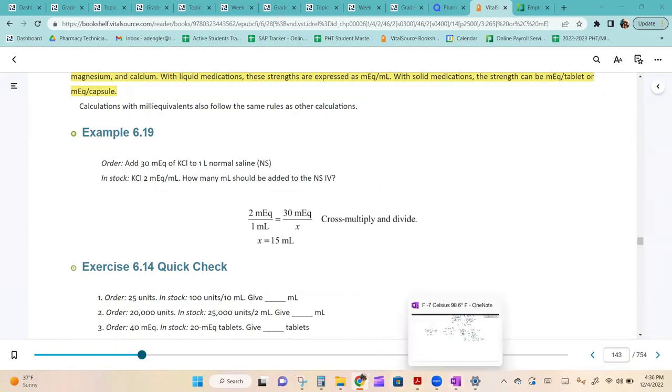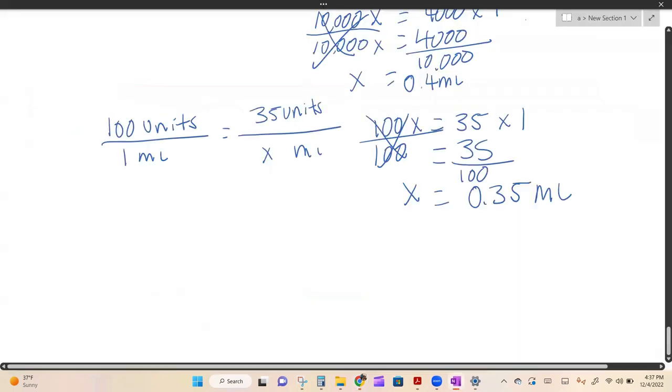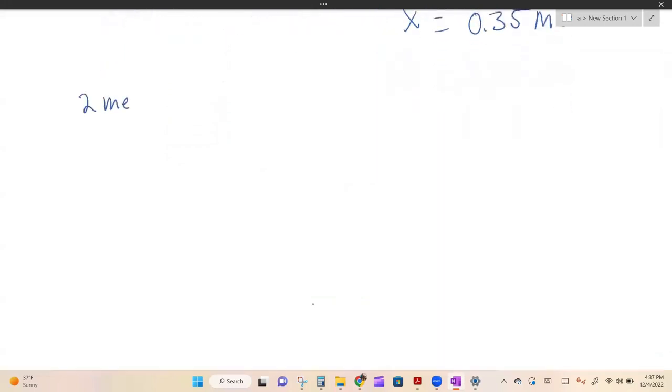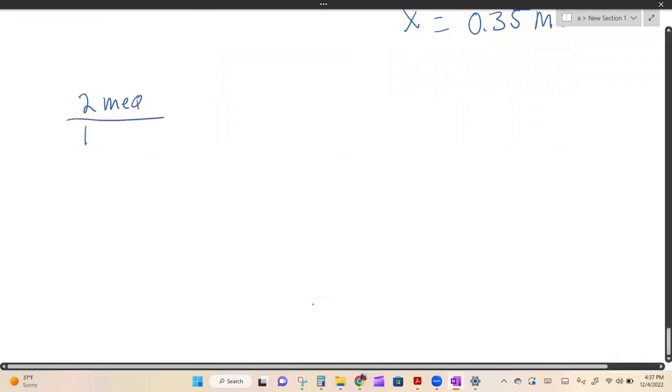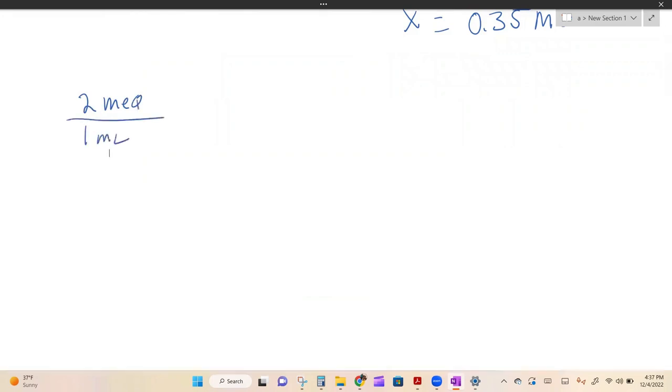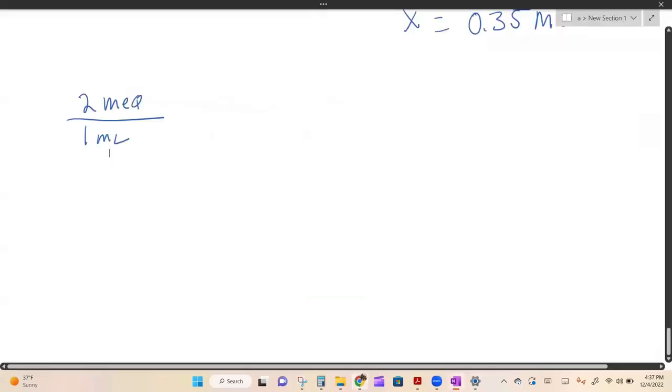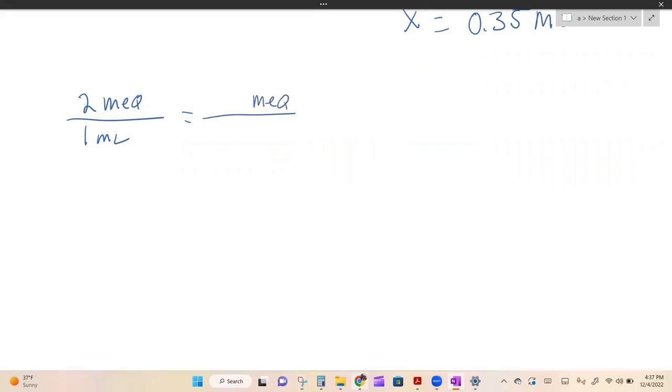All right, so let's figure that out. Well, the answer's there, but we're going to do the example. So the medication strength is 2 milliequivalents per 1 ml. And we want to give the patient 30 milliequivalents. So remember, units are going to go directly across.